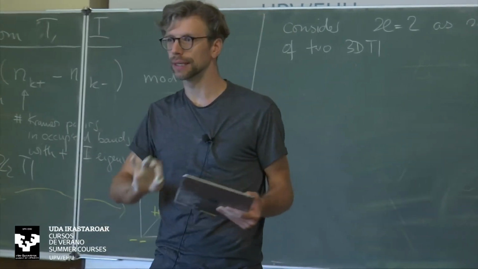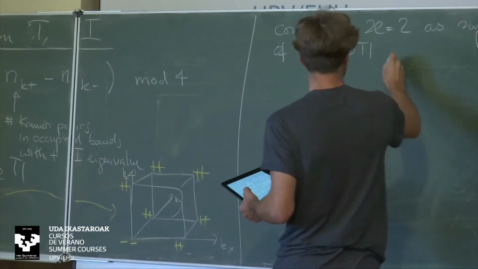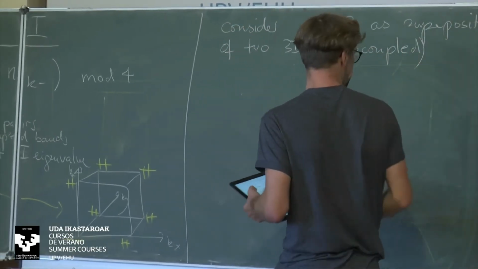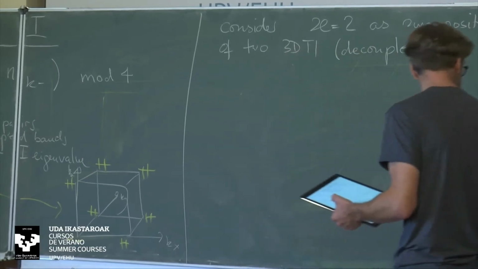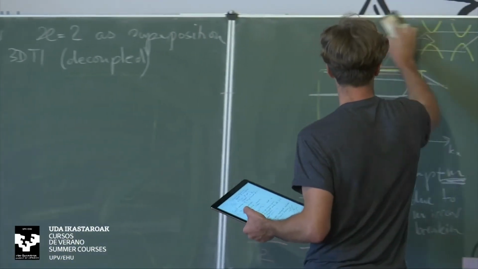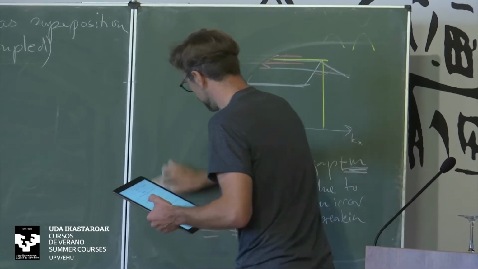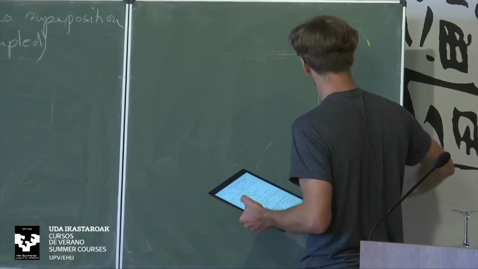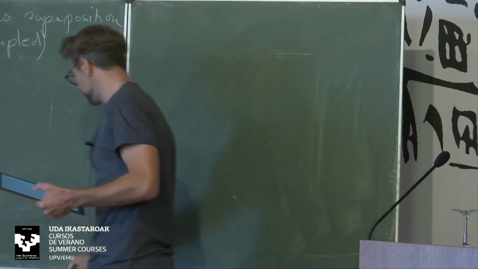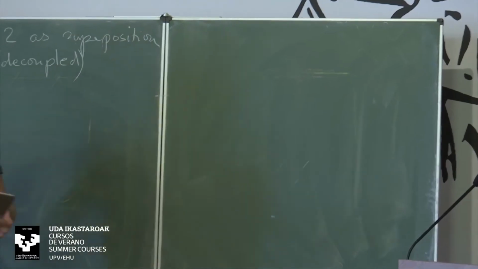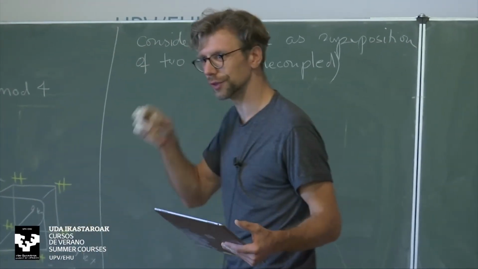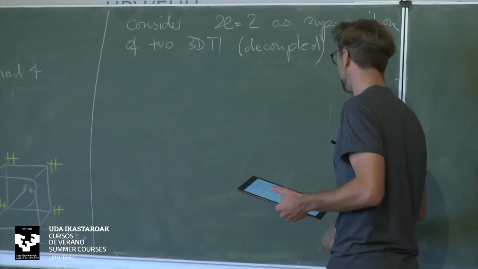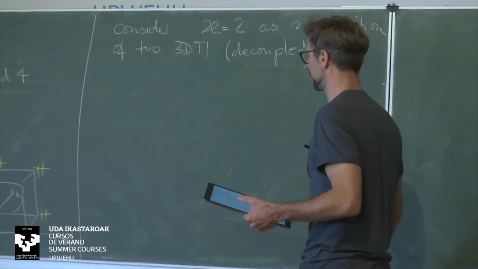Okay, and let's think about them as being completely decoupled. And now we're going to analyze this from a surface perspective, if you wish. So we'll later see that, or in the end, we can relax this condition that they are decoupled, and once we've established that there are some topological surface states, we can just see that they are explicitly not depending on the fact that these systems are decoupled.